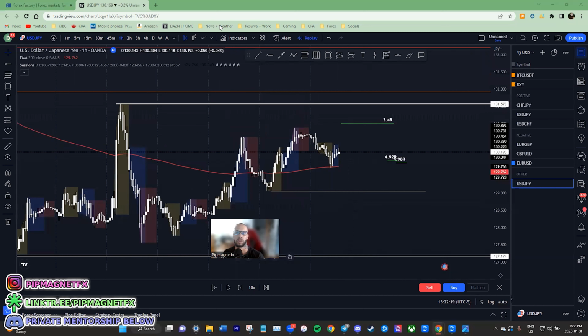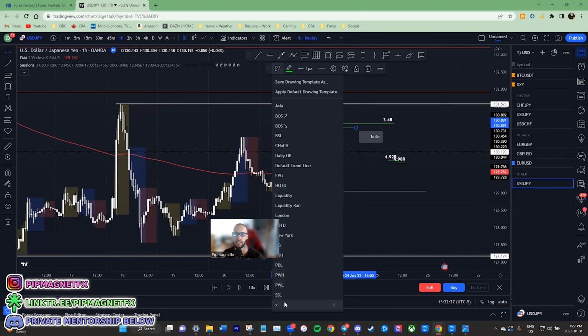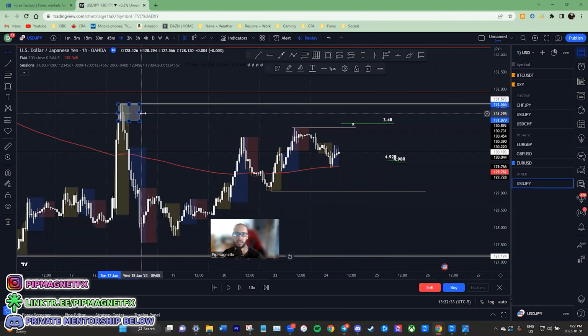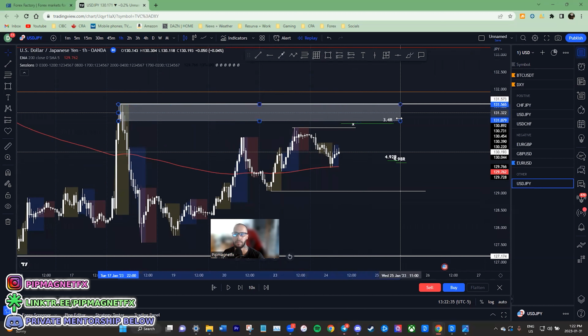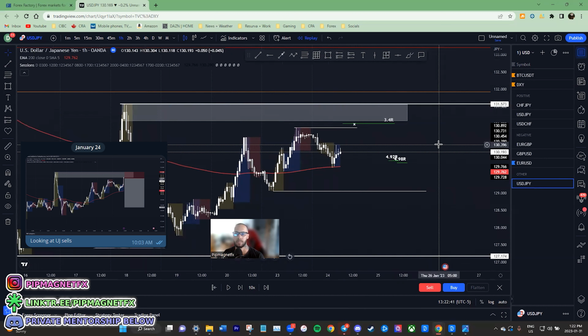So in my mind, I was waiting to see what the news release was going to do. I wanted to see this high get run as buy side liquidity, and I wanted to see this 1-hour high volume supply get mitigated. It doesn't have to happen, but the way we trade, we want to anticipate where price is going to reverse from, right?